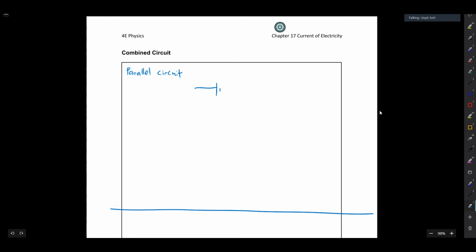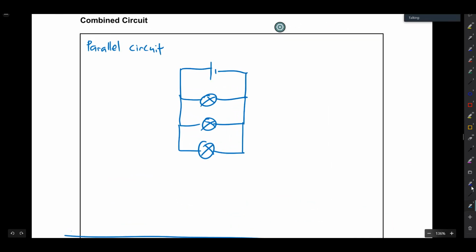I want you to draw a simple parallel circuit, just with 3 light bulbs. Y'all can do that, right? Let me just draw 3.